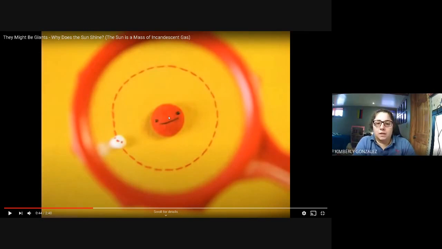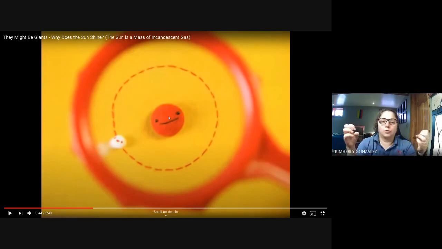Inside of the sun, there's this process called fusion. F-U-S-I-O-N. And the general version of fusion is when you take two smaller elements or two lighter elements and you force them together to create a larger element. Okay, I'll say it again.